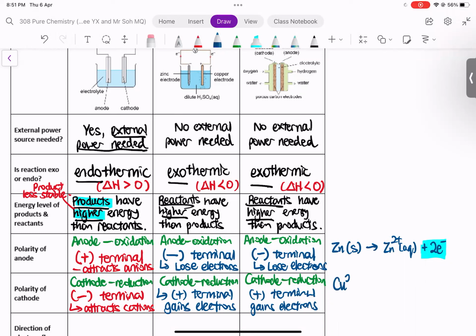So, for example, this might happen in your circuit, right? This is one of the possible reactions that could happen. Okay?